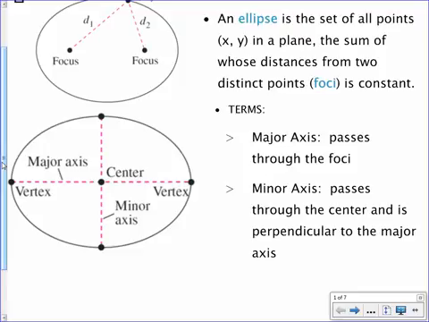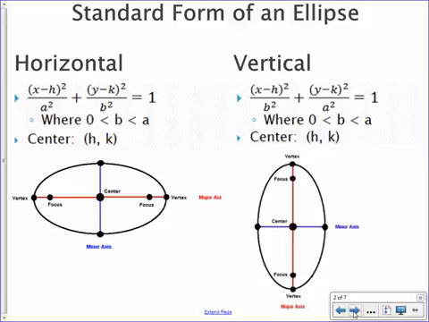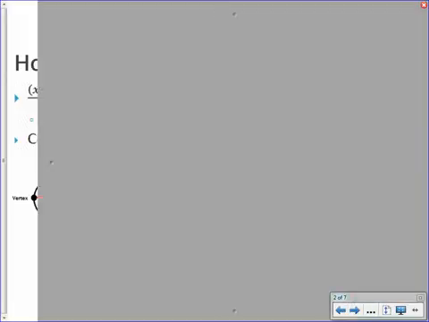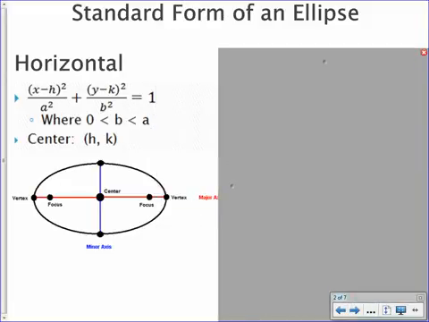So, when we talked about parabolas, we either had an x squared or a y squared. This time, we're going to have both an x squared and a y squared, and they both need to be positive. Okay? So, let's talk first about a horizontal ellipse. Okay?